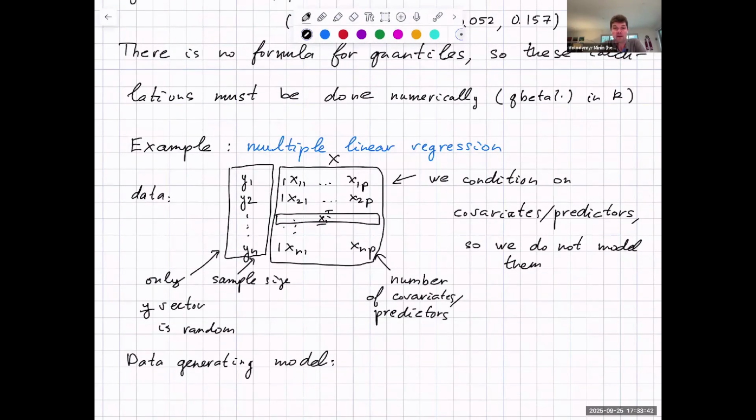Okay. If you are ready, we can move on to an example, something that you have probably seen in your mathematical statistics or other classes, which is multiple linear regression. This is the bread and butter, so to speak, of statistics.